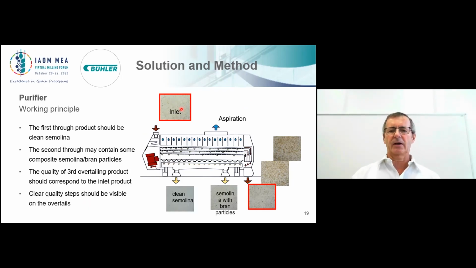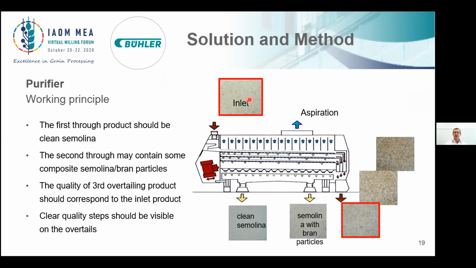From 600 micron to 430, it must be a clear cut. Secondly, free from flour. The sieving efficiency of the sifter must take off the flour. This is the topic we learned from Cedric today. And third, a purifier needs a consistent flow.